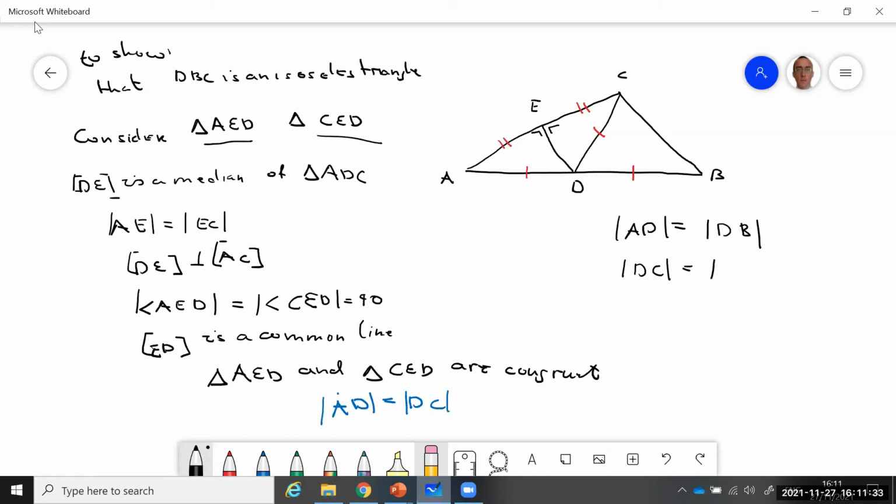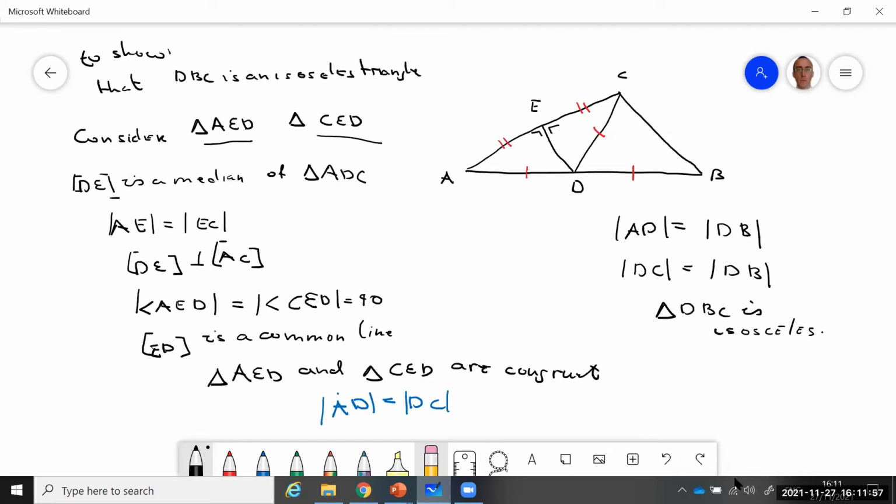So we can say that DC equals the length of DB. So therefore, looking at the triangle on the right-hand side, we have two sides that are the same. Therefore, the triangle DBC is isosceles. Okay, that's basically it.